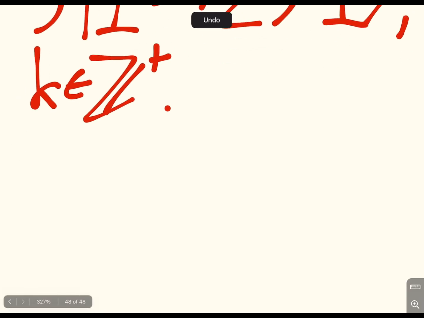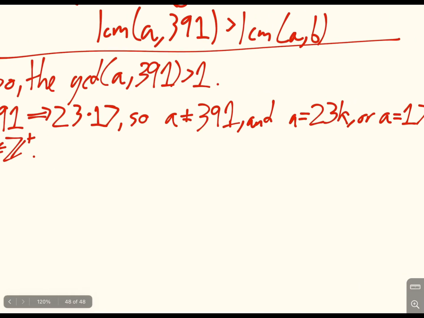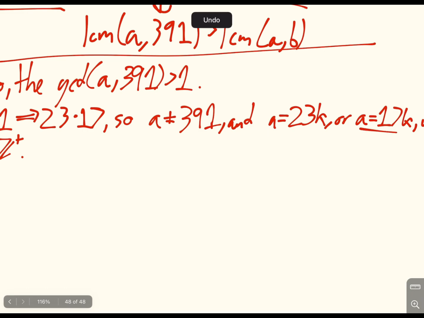So now we just shrunk this down into two cases, and from here we're going to get a nice solution.